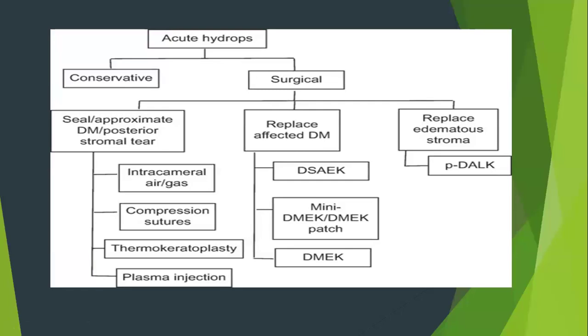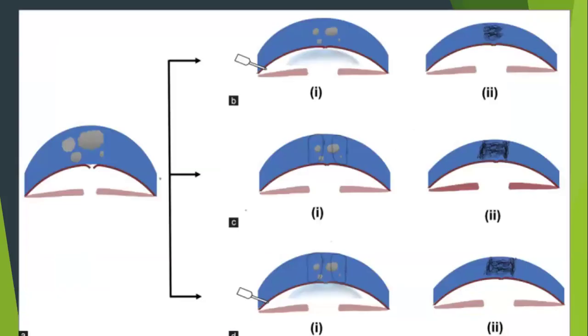Number two, compression sutures. Okay, so what are compression sutures? Honestly, I have never used that, so I was very curious. So compression sutures are like this. Have a look. This is your eye. This shows edema. This is the Descemet's tear.